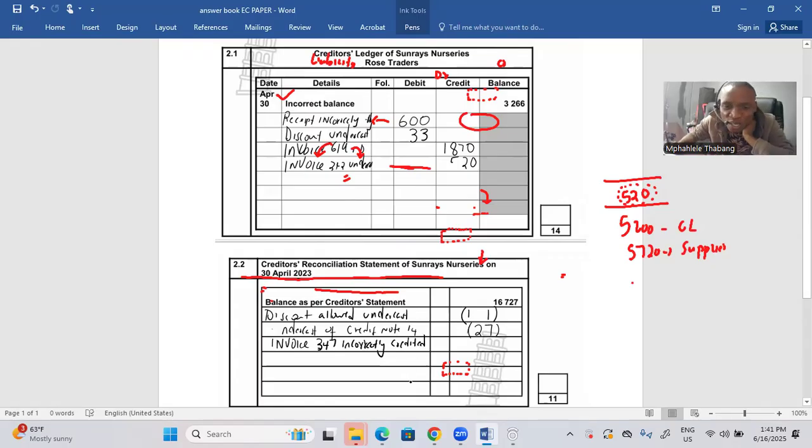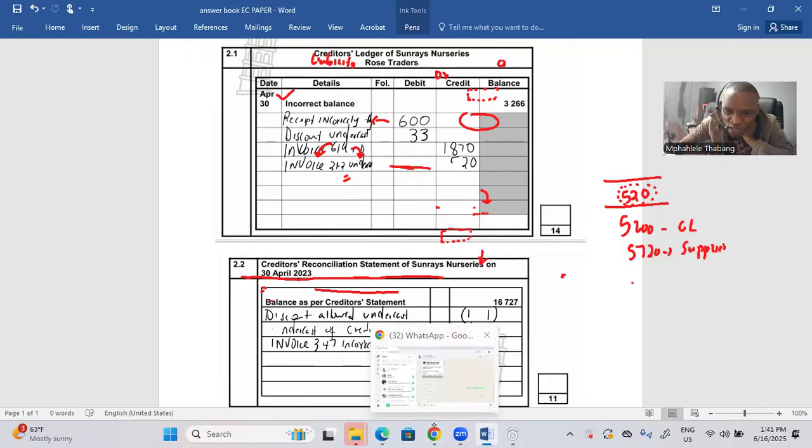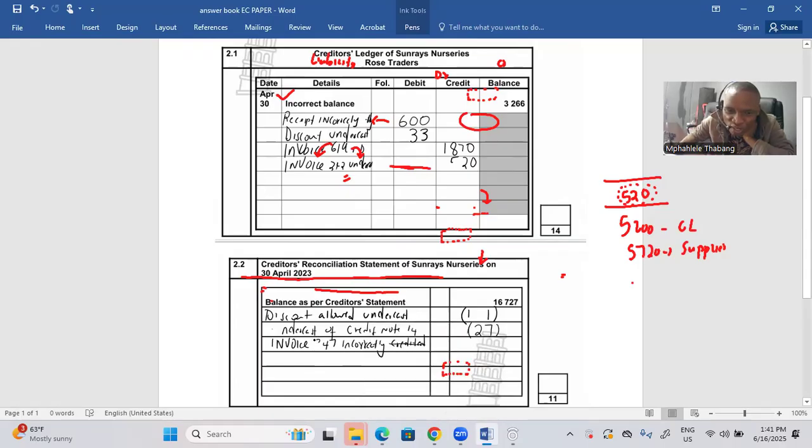This invoice was credited by mistake, so it must be, actually it was incorrectly debited. Let me check. Invoice 347. In the statement, it was debited, obviously. So this is invoice 347, incorrectly debited. It was not supposed to be there. So we are going to decrease the amount we owe by 2,310. The supplier must decrease the amount we owe by 2,310 because those goods were sold to a different customer, not our business.